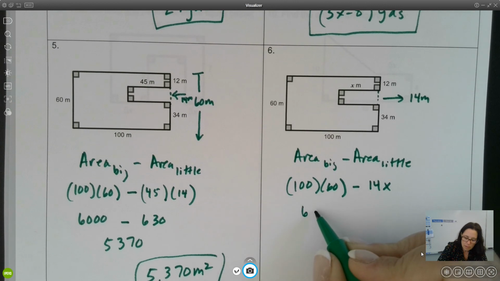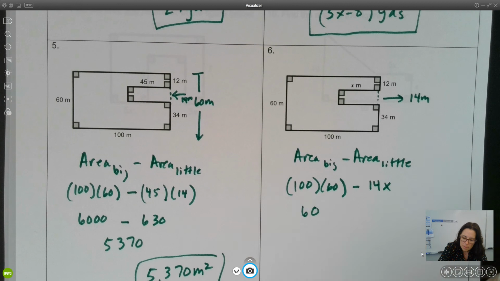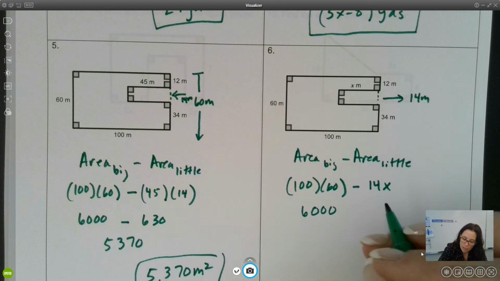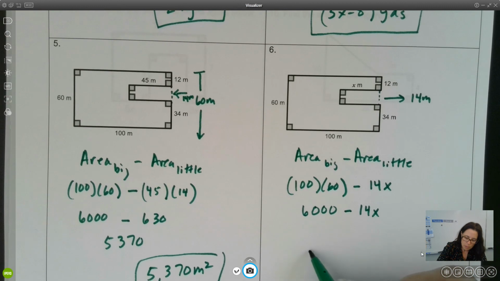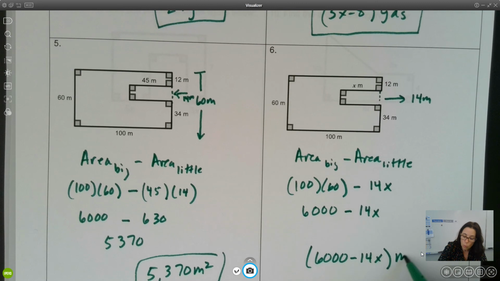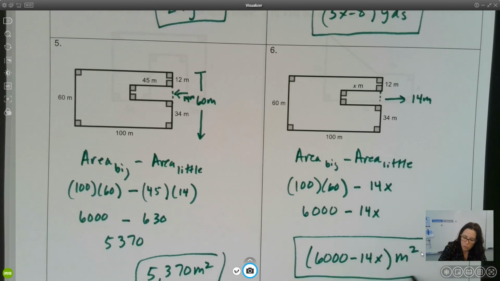So this is going to be 6,000 minus 14x. So please make sure you have your answer in parentheses. The whole thing is meters squared, that whole thing.